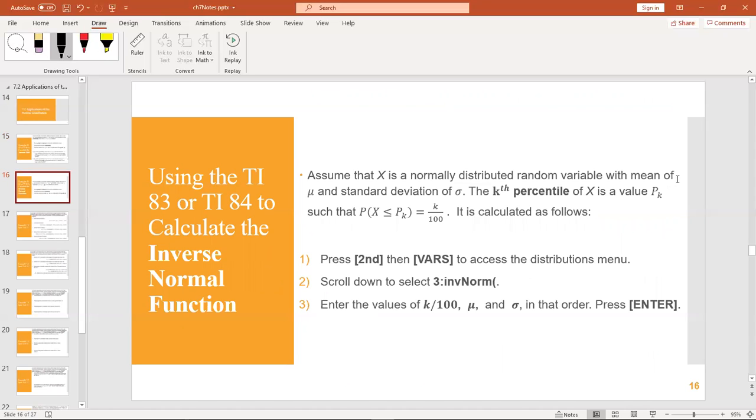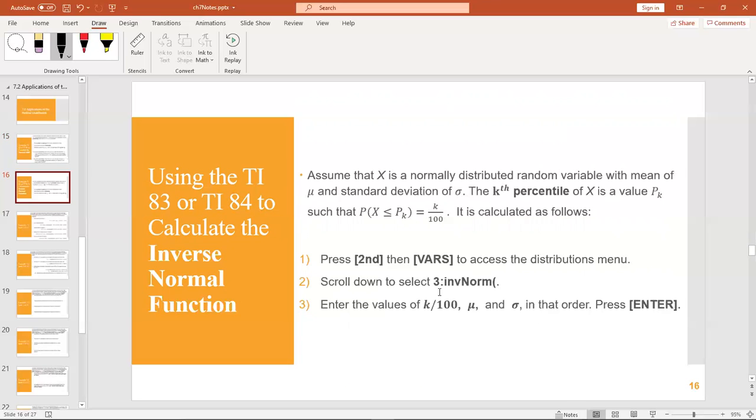So for the kth percentile, like if you want the 80th percentile, that's 0.80. You can calculate it also in the second vars menu for the distributions. Again, like what we saw with the uniform distribution, if you know the percentile, you're going to work backwards and find the value that will give you that probability.